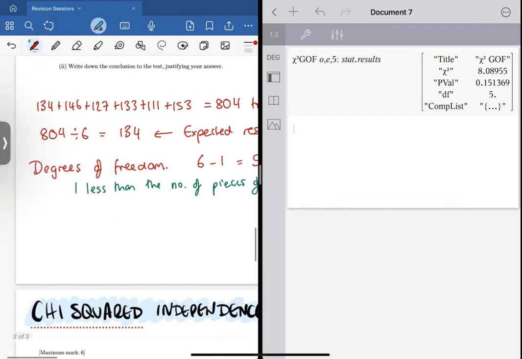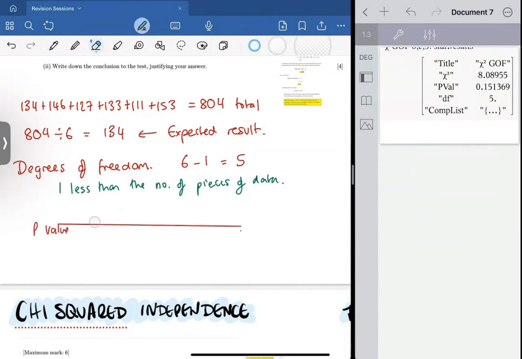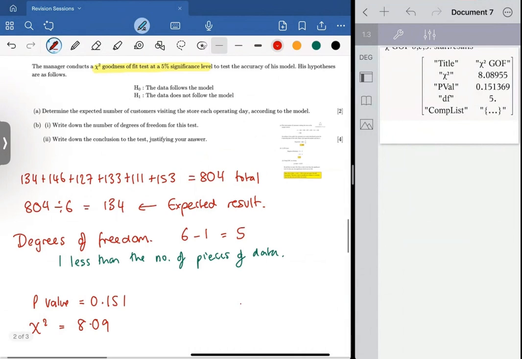We're going to write them down. Our p-value is 0.151 to 3 significant figures. We also have the chi-squared statistic, which is 8.09 to 3 significant figures. But because we don't have the critical value here, we can't compare this one.